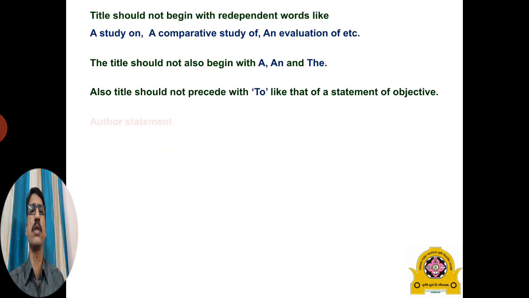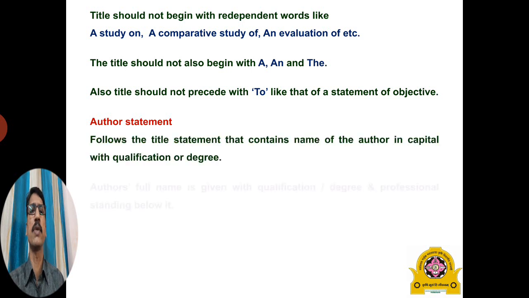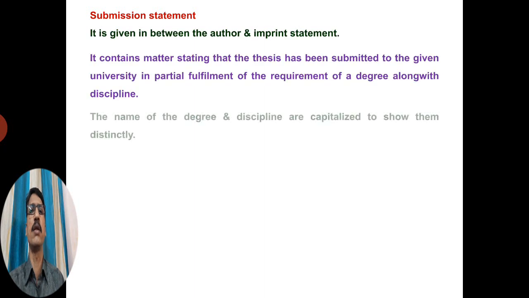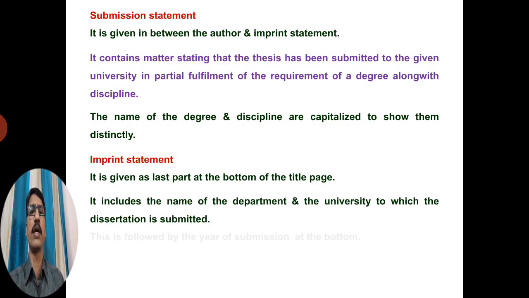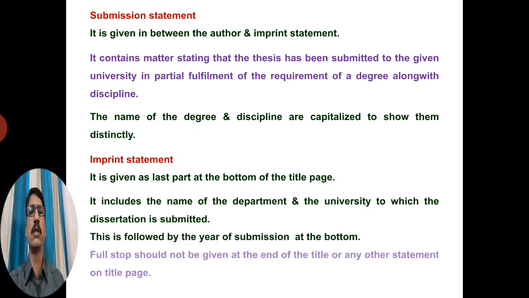Then we studied how to write the author statement. Then the third, the submission statement, we learned the details about it. Then the imprint statement, and the last point is very important: the full stop should not be given at the end of the title or any other statement on the title page.